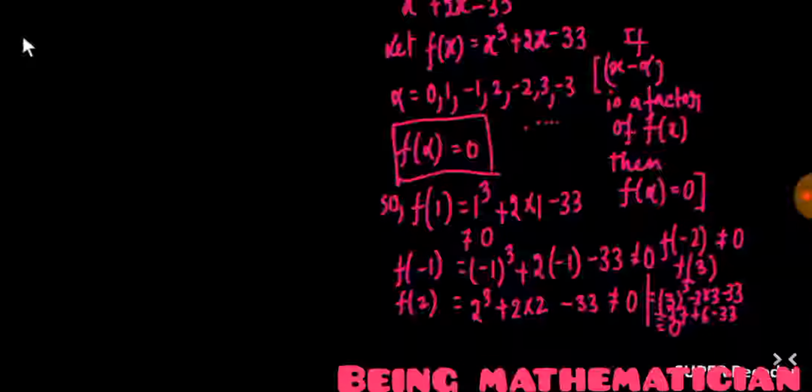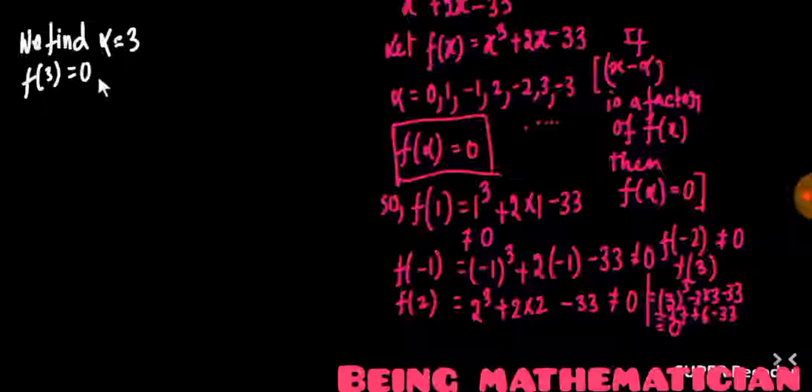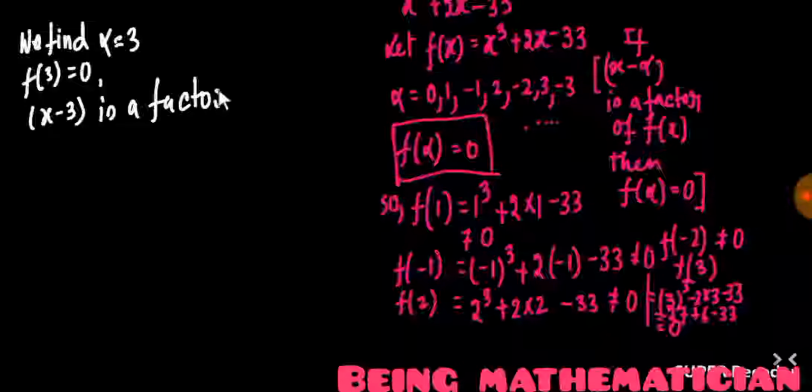Therefore, we find that alpha equal to 3 such that f of 3 equal to 0. That means by the factor theorem, x minus 3 is a factor of the polynomial f(x).